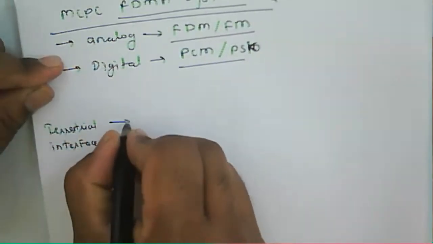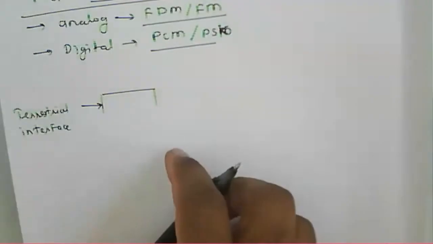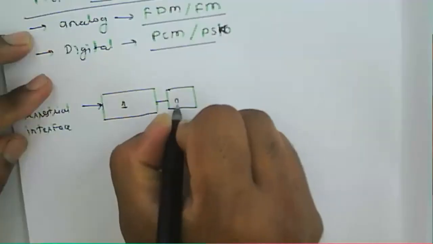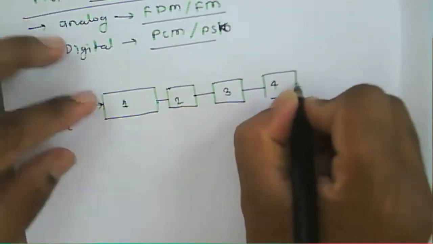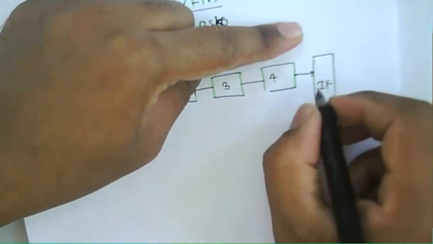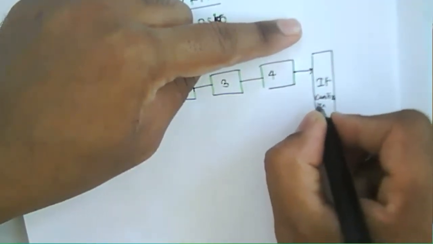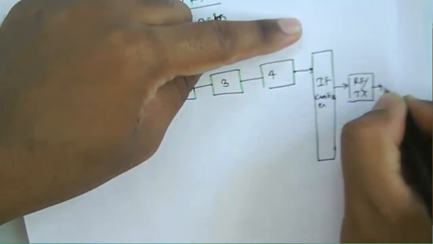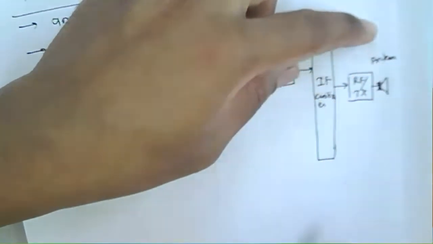Then I'll just draw it in terms of numbers so that we can easily complete everything on the page: one, two, three, then the IF combiner, then the RF transmitter module, and then the antenna.